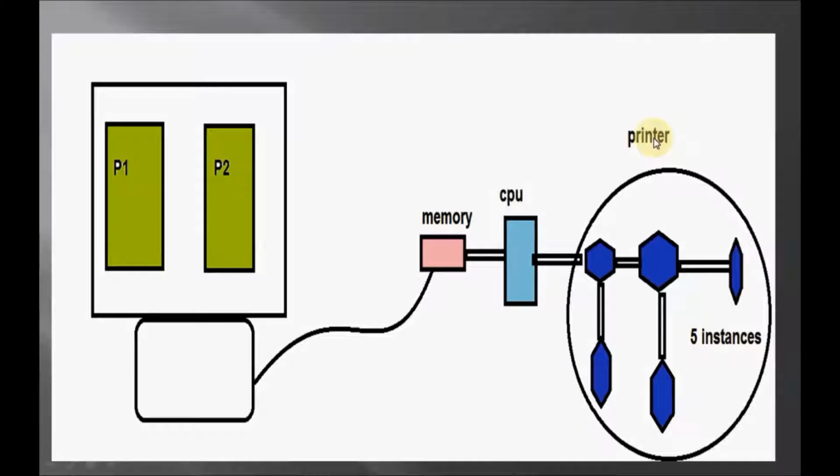You can see here printer is a resource, and this printer can contain 5 instances. Here the memory contains 1 instance, CPU contains 1 instance, but the printer contains how many instances? 5 instances. And these 5 instances can be shared between process P1 and process P2. Getting guys? Very simple.